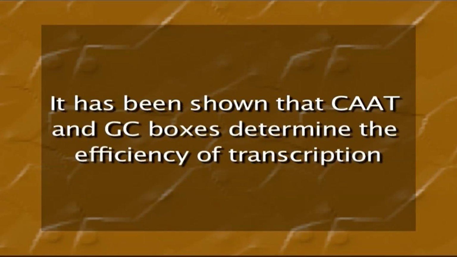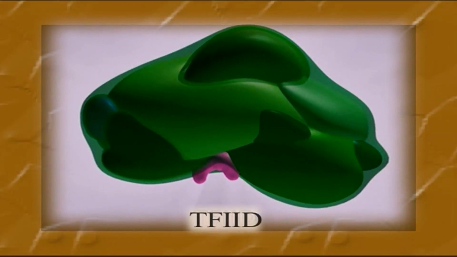It has been shown that CAT and GC box determine the efficiency of transcription, while TATA box aligns RNA polymerase at the proper site with the help of transcription factor 2D, TFIID, and other transcription factors.